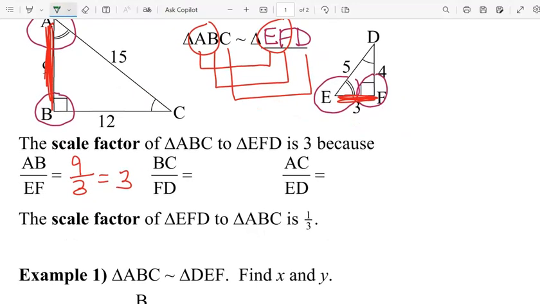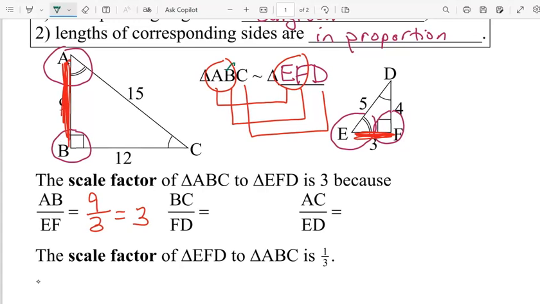Notice that the ratio of BC to FD, again, they're corresponding in the names of the triangle in the similarity statement. So BC to FD, that's 12 to 4, which is also 3.